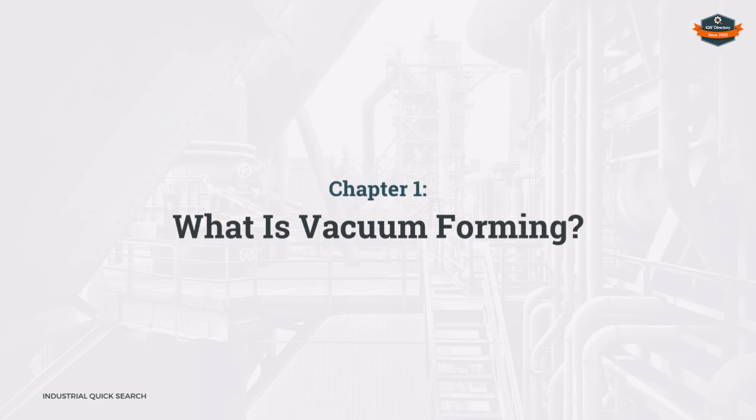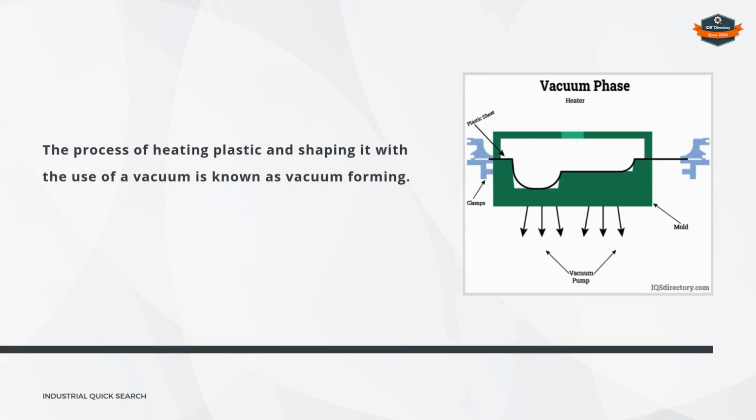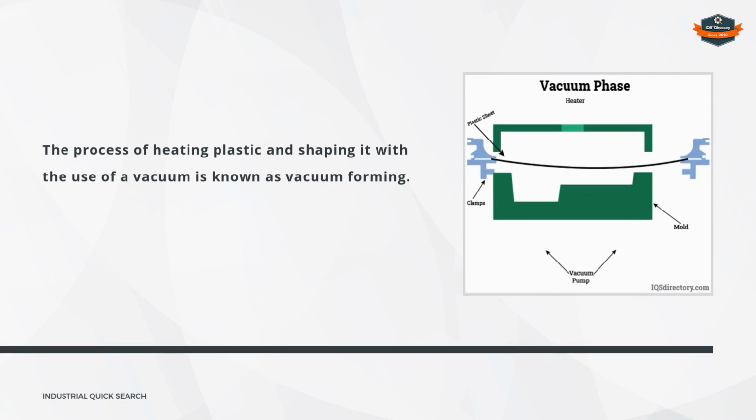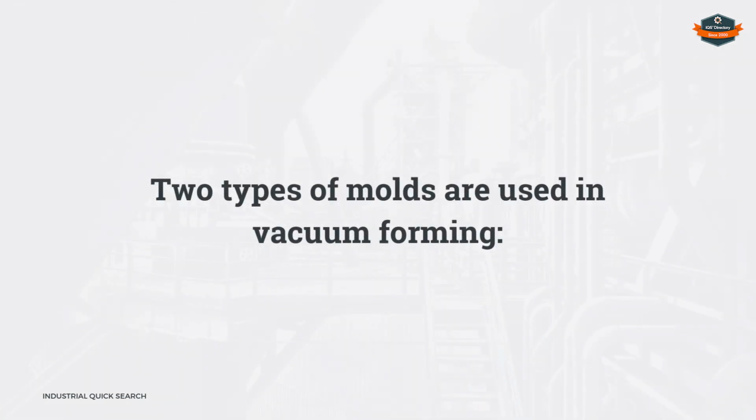Chapter 1. What is vacuum forming? Two types of molds are used in vacuum forming.